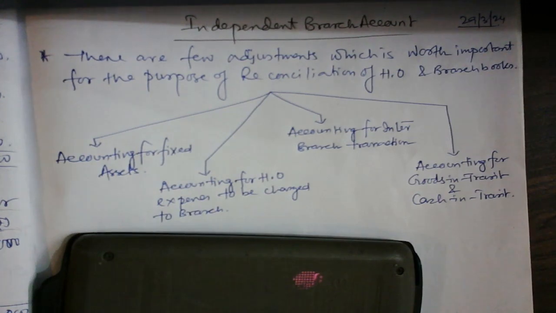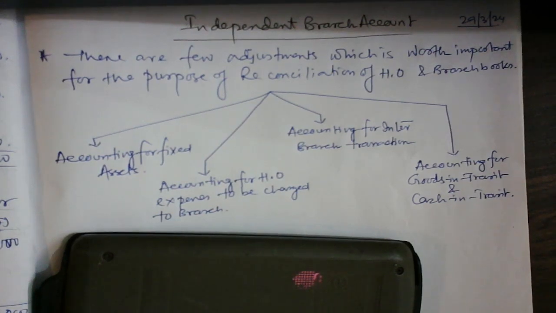It means that sometimes inter-branch transactions happen. In this case, when one branch sends goods to another branch in a different state, it may happen that the reconciliation of the goods is not done.